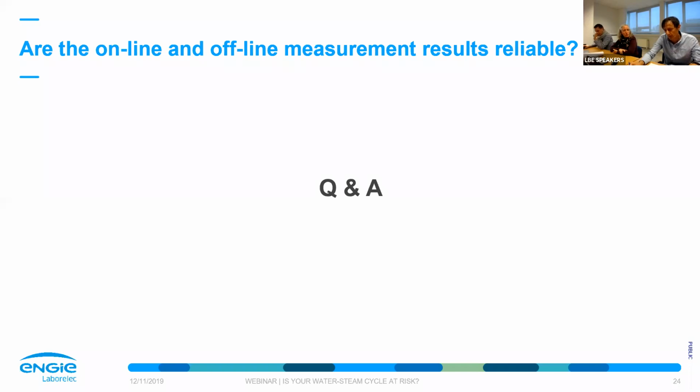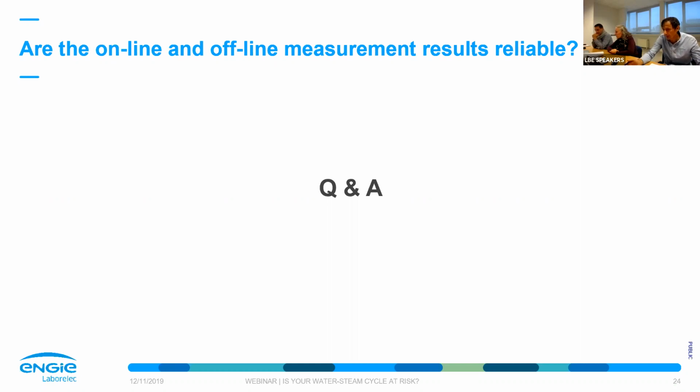When you do offline analysis, you only get a snapshot once a week, once a month, once a day. So this can only be a quality check of your online analysis. And if we know nowadays that those kinds of analyzers are extremely reliable, I don't think that it is necessary to do a lot of checks.